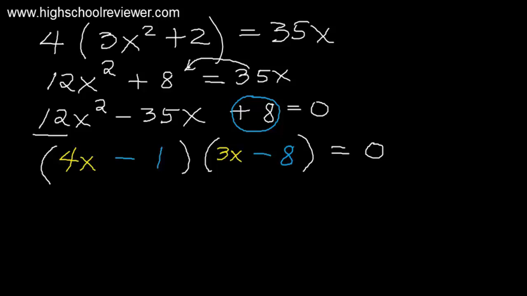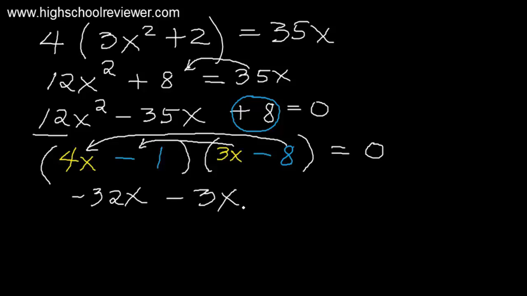Let us check if our factors are correct. So we will multiply the outside terms. Negative 8 multiplied by 4x is negative 32x. And positive 3x multiplied by negative 1, these are the inside terms, is negative 3x.